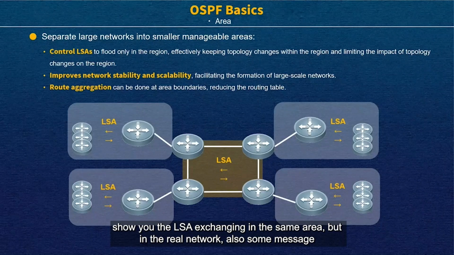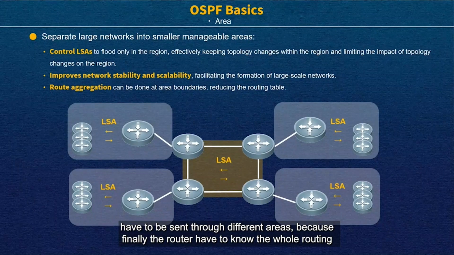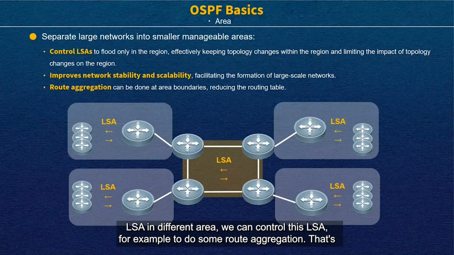In the real network, some LSAs also have to be sent through different areas, because finally the router has to know the whole routing information. But between different areas, the LSA type is different. And according to the LSA in different areas, we can control the LSA, for example, to do some route aggregation.